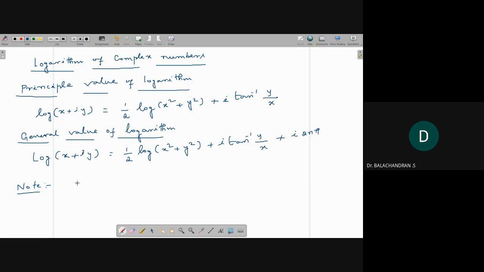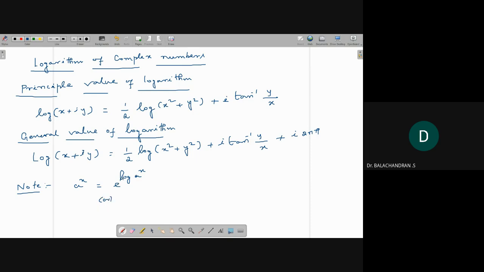You can write a power x is equal to e power log a power x.